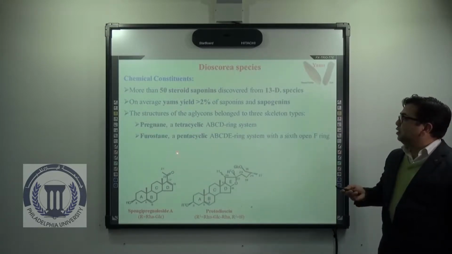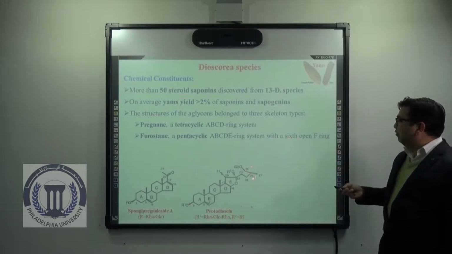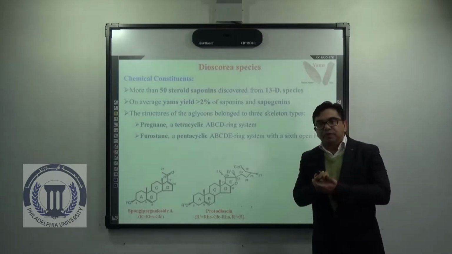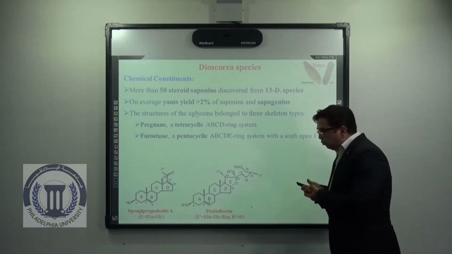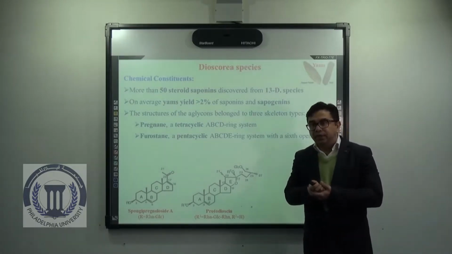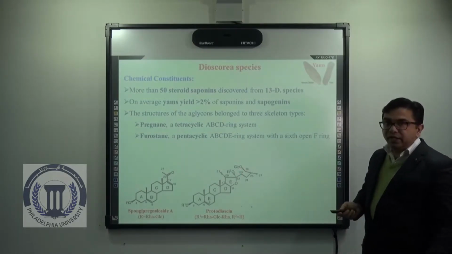Second one is the furostan type, which is nothing but a pentacyclic ABCDE ring system with the 6th open F ring. If you remember, during the first class of saponin we studied that diosgenin, one of the examples of steroidal saponin, contains E and F rings, having a spiroketal E and F ring.